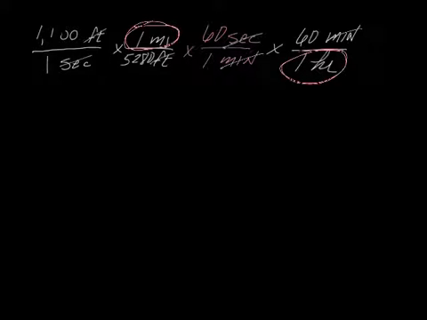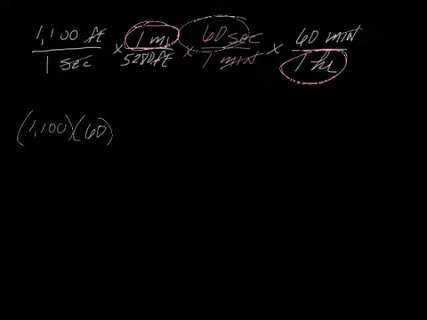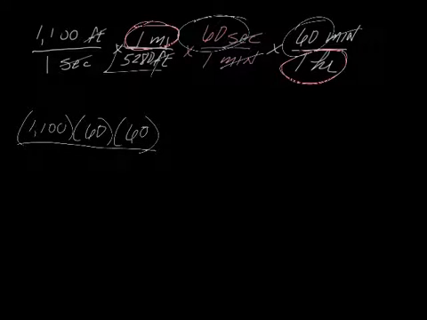So what I'm going to do here is I'm going to multiply everything across the top. So I've got 1,100 times 60, because it's of my 60 seconds here, times 60 right here. And that's going to be divided by 5,280, and I don't care what the endings are, I'm just multiplying my numbers.